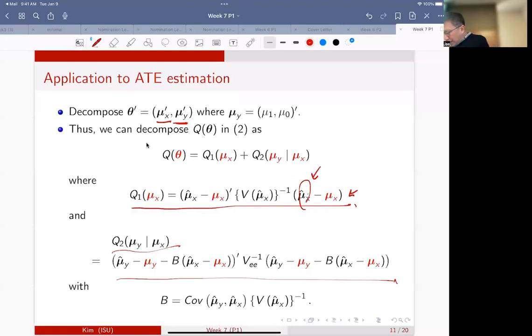So there's no way your optimal estimator can make this one, Q1, exactly equal to zero. That's impossible. However, this one, Q2, you can make exactly equal to zero because you have one unknown and one piece of information. Okay.